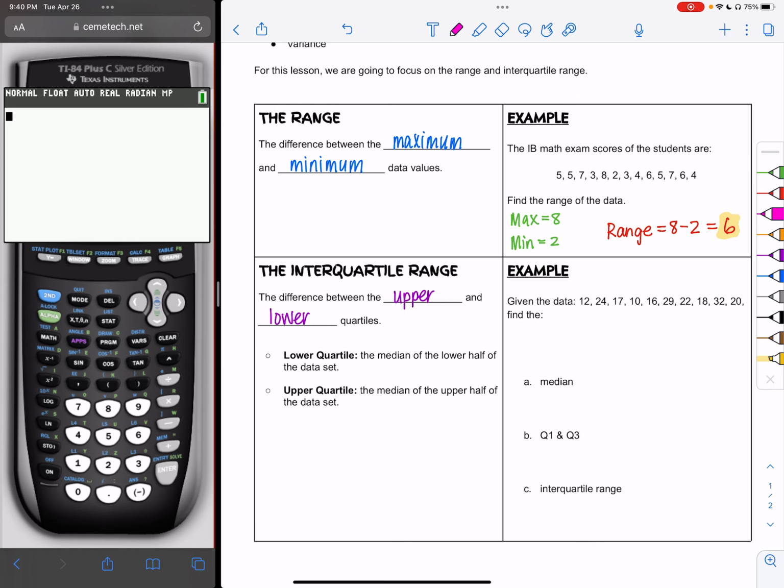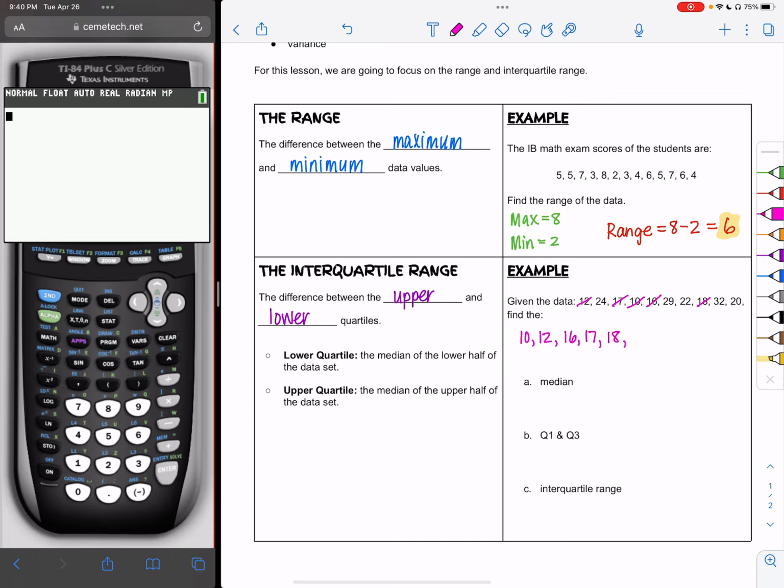When I list these numbers in order, I'm going to have 10, 12, 16, 17, 18. I'm going to cross them off as I go so that I don't count them twice.